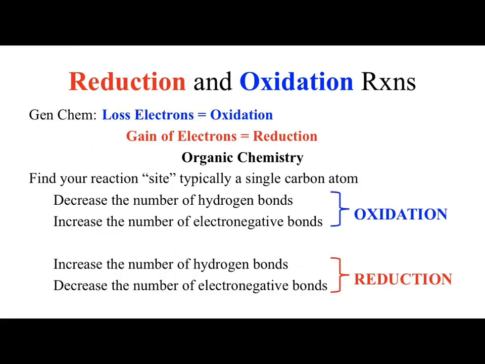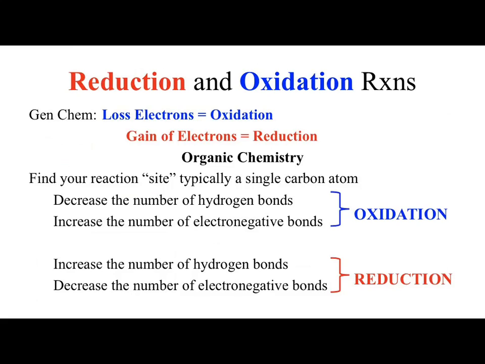So if we're going to look at an oxidation, oxidation is referring to an increase of oxygen bonds. Okay? Here it shows electronegative bonds. Well, oxygen is electronegative, so it makes sense. So the definition of oxidation ultimately came from reacting with oxygen. Okay? So we're increasing those oxygen bonds.